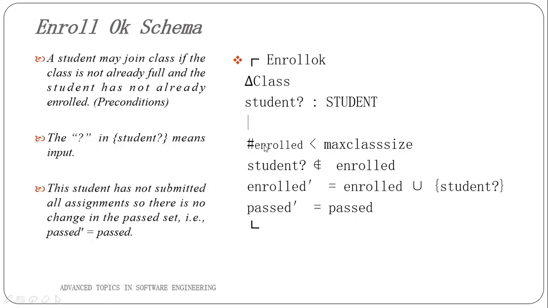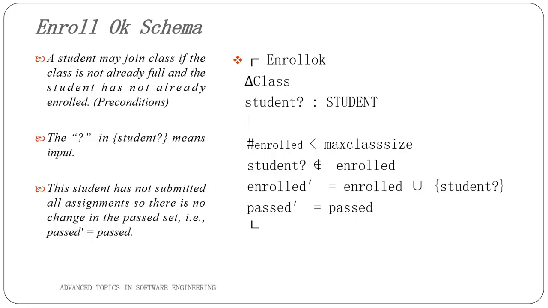After that, my first precondition is that hash enrolled should be less than max class size. So there is a relational comparison, that is, the number of enrolled students should always be less than max class size. Then I can include a new student.